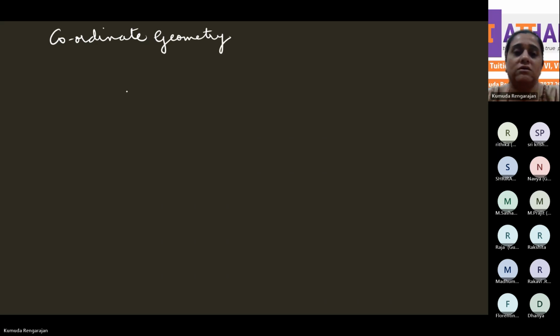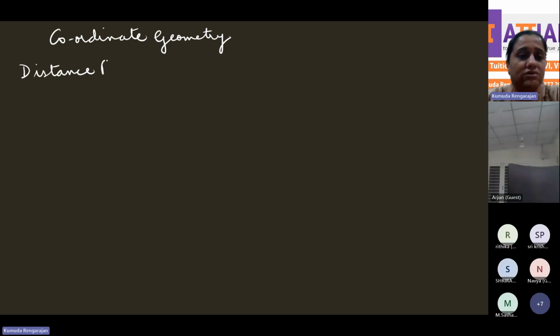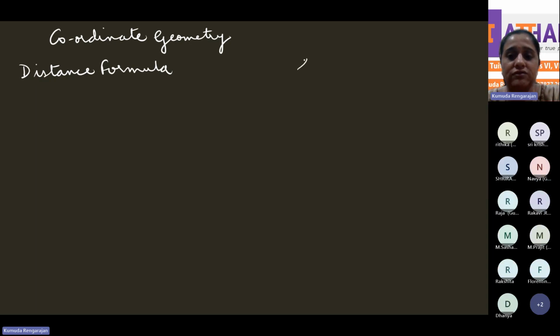So in this chapter, we shall be dealing with two important formulae. One is called the distance formula, and the other is called the section formula.